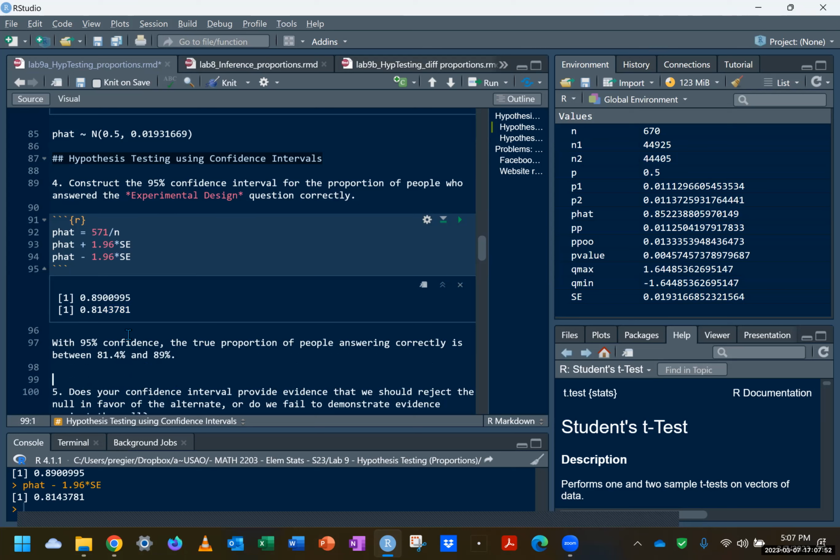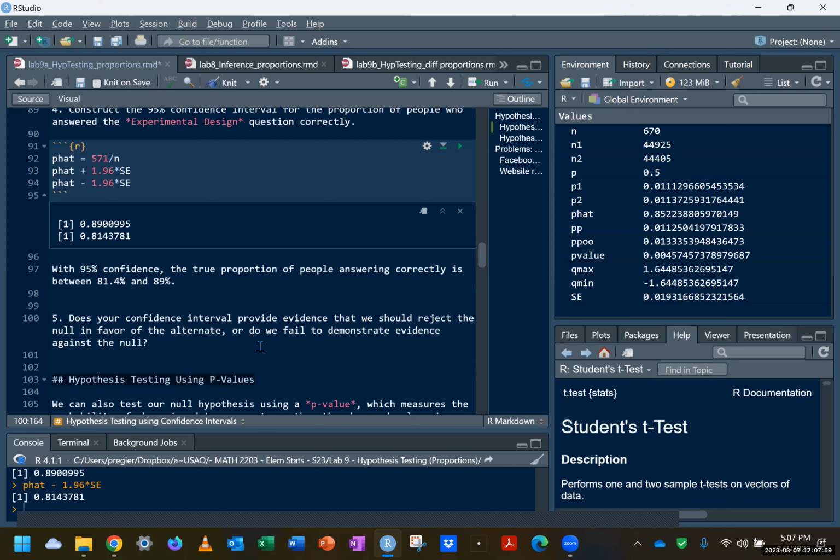Okay, that's what this confidence interval tells us. With 95% confidence, the true proportion of people is between these values.